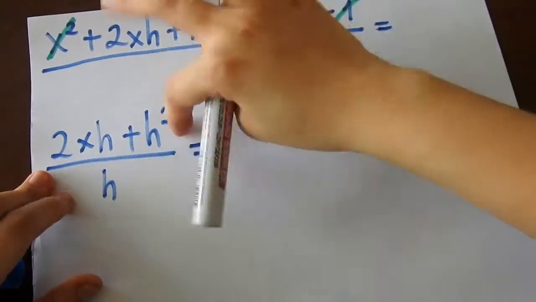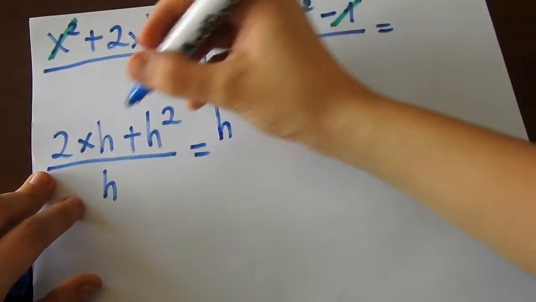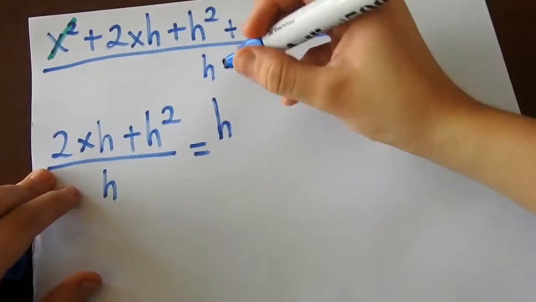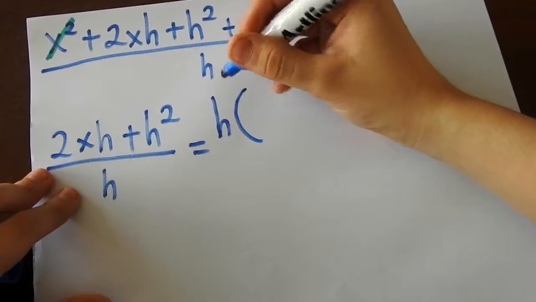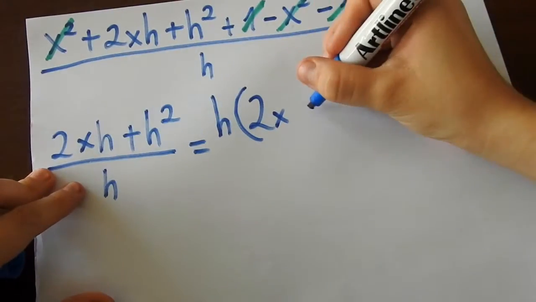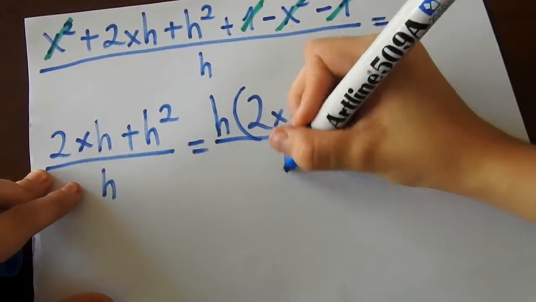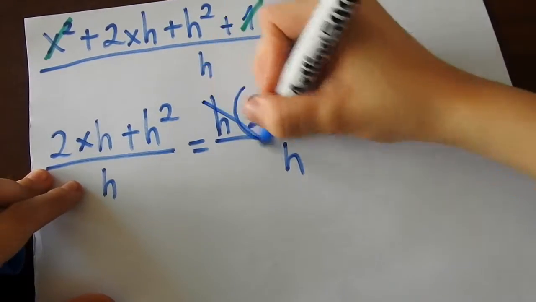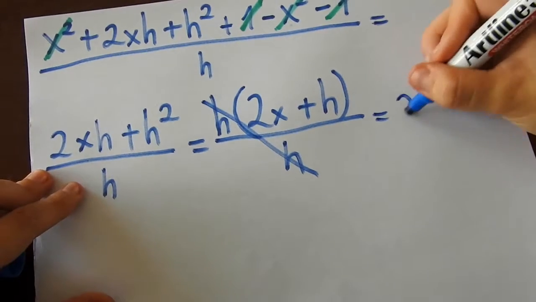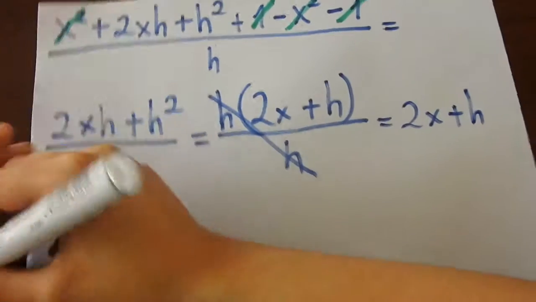Now we use the common factor here, and the common factor is the h. As you can see, h times 2x plus h again over the h. H cancels out, and we are left with 2x plus h.